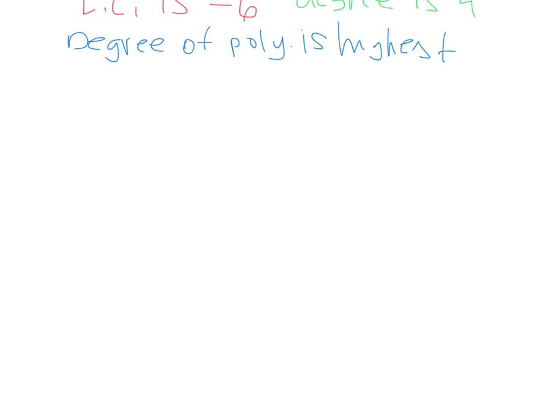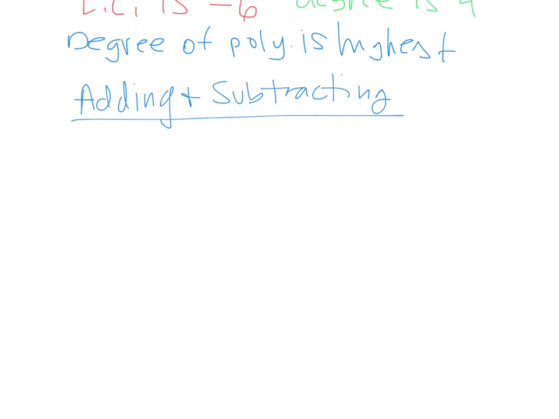Now we're going to do operations with polynomials, starting off with adding and subtracting. What we want to do in adding and subtracting is combine terms that have the same degree.